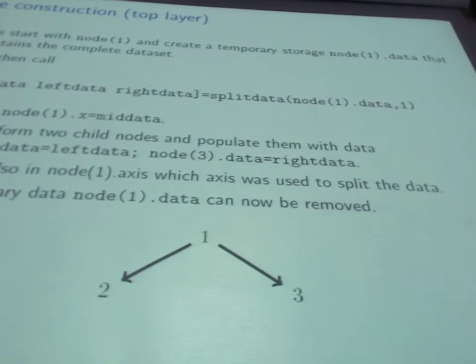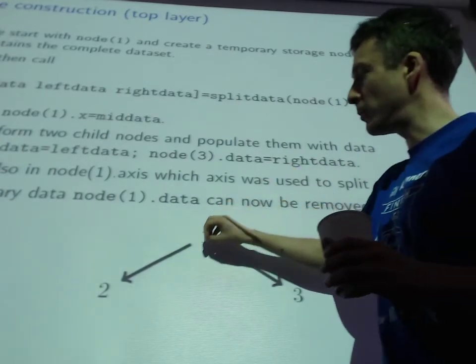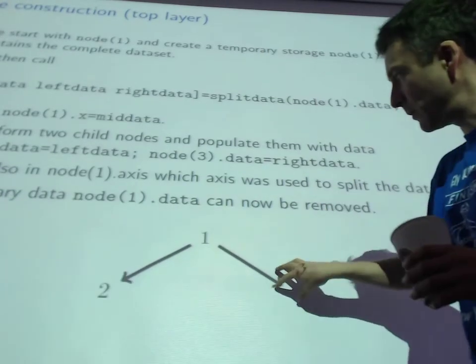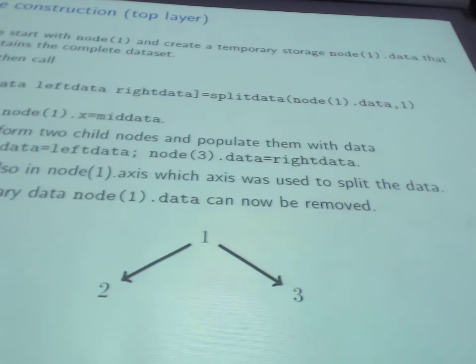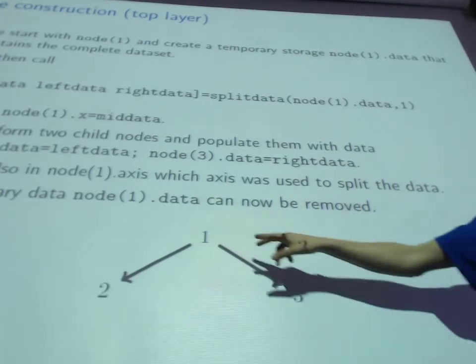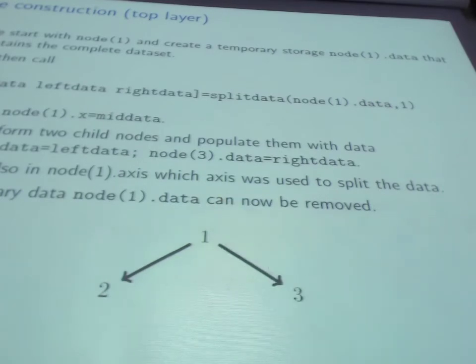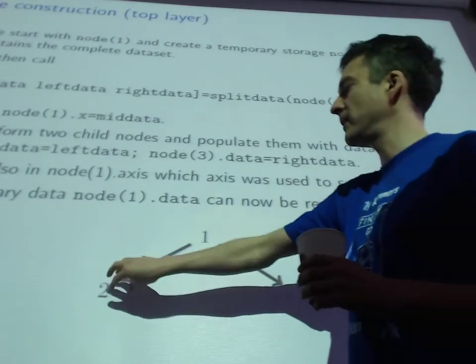Okay, that will split the data into left and right, and it will also tell us the split point on the axis. So what we do then is we put the left data in here, put the right data in here, and we put here the mid data. We store also the fact that we split it along dimension 1. Okay? The data that was here then I don't need anymore, and I discard it, because the data is now being split into here and to here.